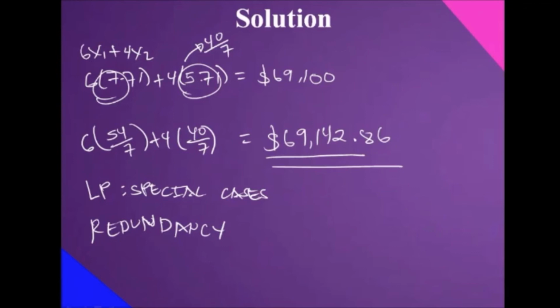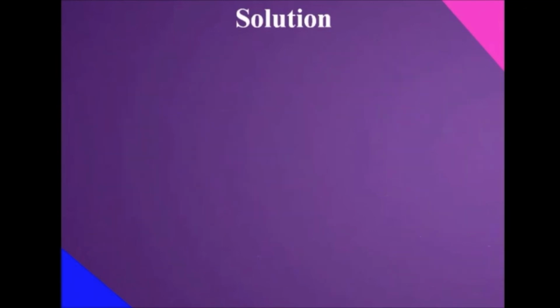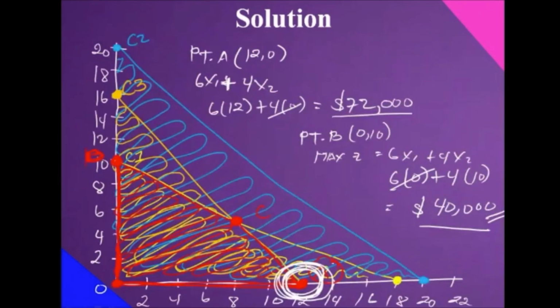Ibig pong sabihin, if babalik tayo sa graph natin, check ninyo, paano siya naging redundancy? Kasi po, meron tayong constraint number 2. Mawala man yung constraint number 2 or nandyan siya, walang mababago.